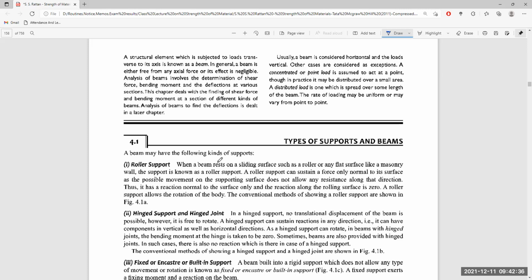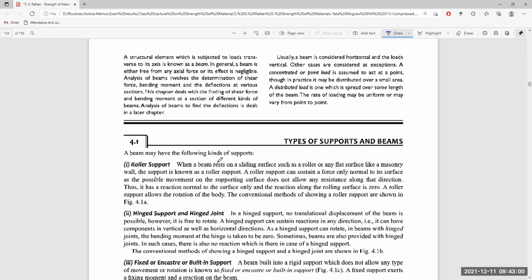So in this situation, we should analyze the effect of external loading on a member defined as a beam. A beam is a prismatic bar of certain size, which is loaded with a line of action normal to its longitudinal axis.